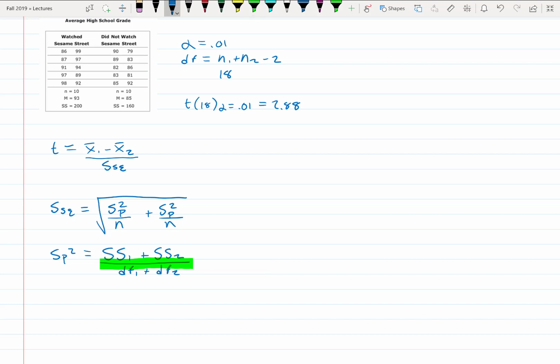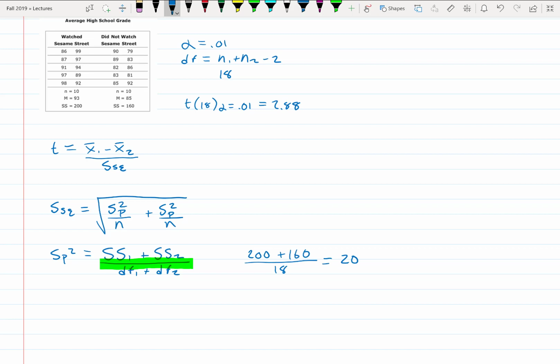All right, let's take a look at what we have. We're going to have 200 for the sum of squares for the first sample, plus 160, sum of squares for the second sample. And degrees of freedom for the two combined, we already computed that over here. That's 18. And this is going to give us pooled variance of 20 after we do the arithmetic.